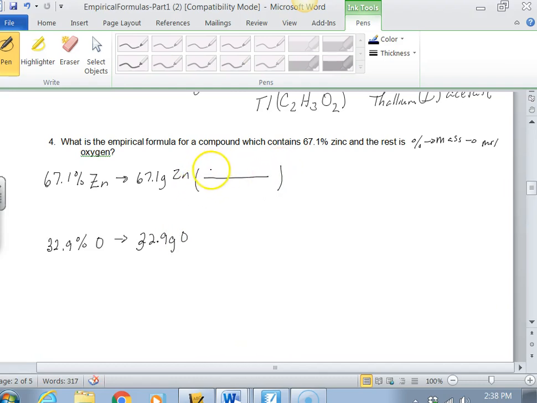Convert to moles, and that would be 1 mole zinc, 65.4 grams, 1 mole oxygen, and that would be 16 grams. So 67.1 divided by 65.4 comes to 1.